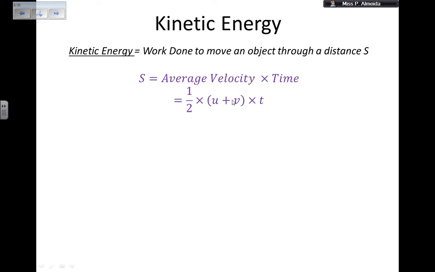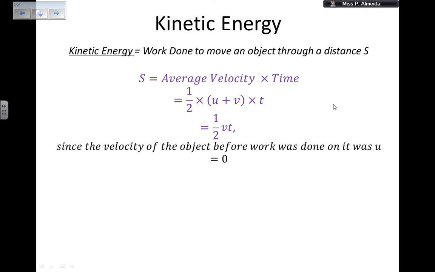So I'm adding the two velocities together and then dividing it by 2. And then I multiply that by t. So I'm going to get that this is equal to 1/2 times vt, because initially, if I'm not doing any work, I don't have any velocity. So my u, my initial velocity, is 0. So that's the explanation there.